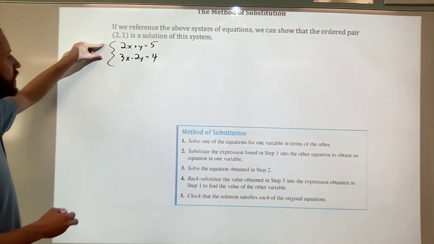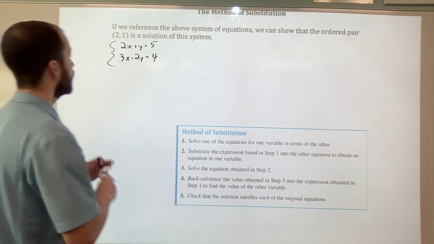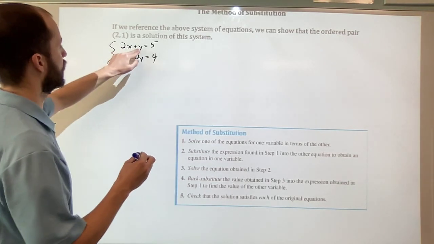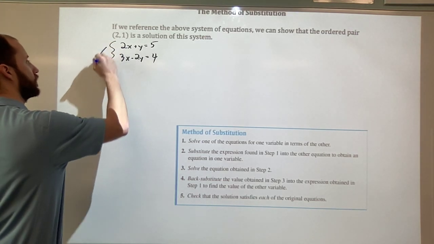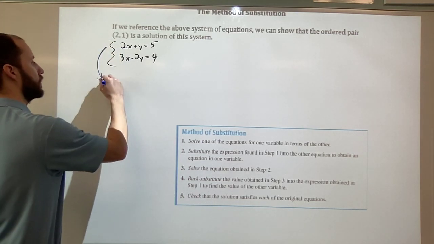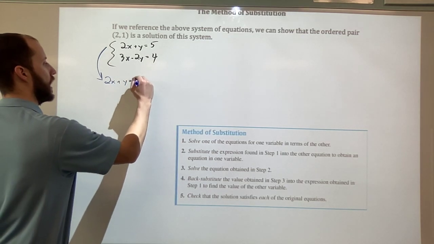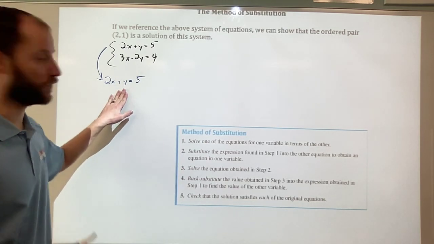So of these two equations, it makes sense to solve the first equation for the y variable. So take your first equation, bring it down, and we want to solve for y, so get y by itself.